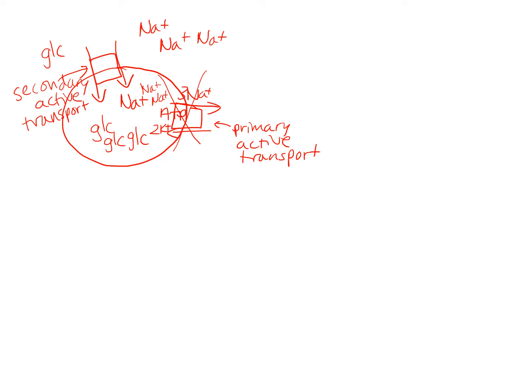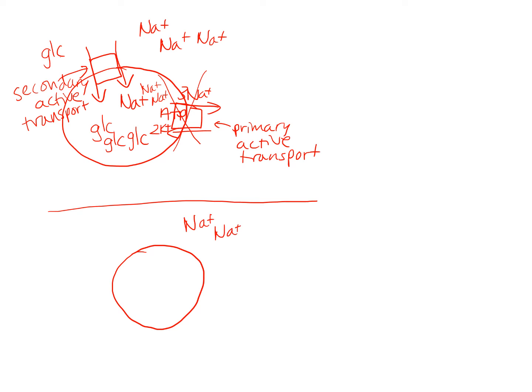All right, so let's take a look at another example. Let's take a look in our kidneys, and we're going to use sodium again. So that's higher outside the cell than inside, and how we got the sodium concentration gradient was from our sodium-potassium pump.